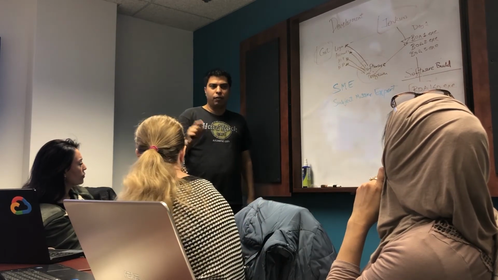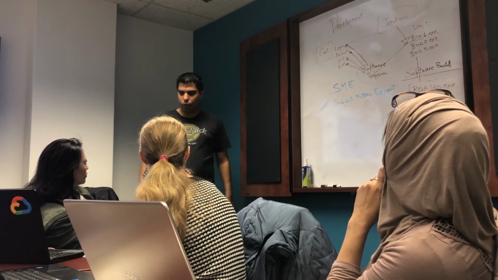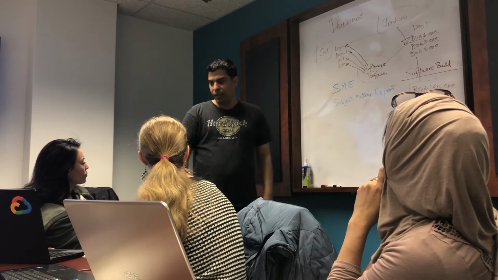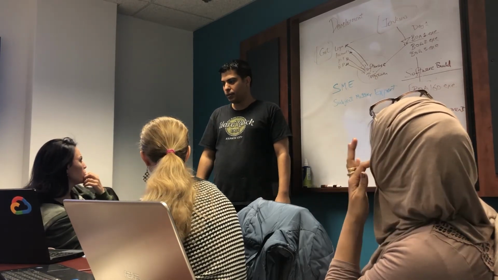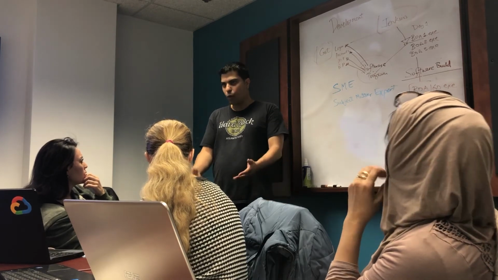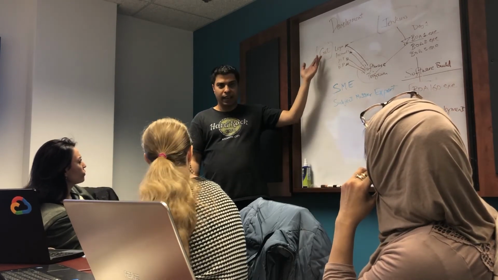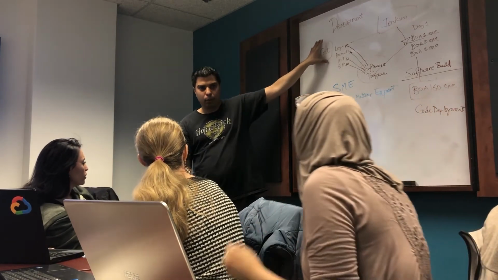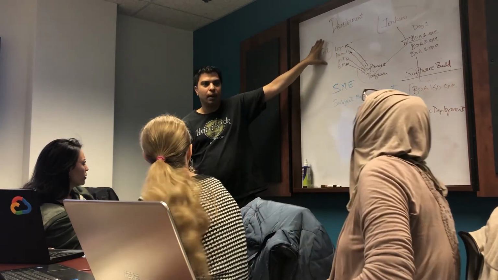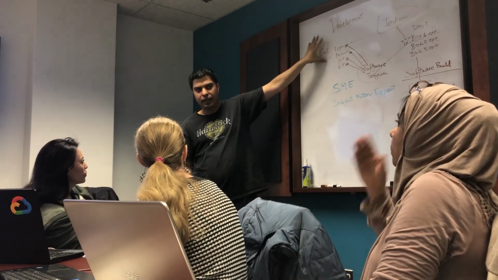Reason number two, what if your laptop crashes? You've been working for 4 months and your laptop crashes. What happens to the code? It's all gone. You lose it, right? You don't want that. So you put it in Git, which is a central repository, and also there are backups being taken. Every day there is a backup being taken.